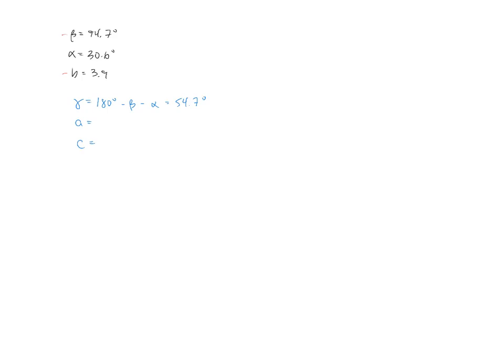So let's see, sine of beta over b and sine of alpha over a can be used, and by plugging stuff in, this will allow us to find a. So sine of 94.7 degrees over 3.9 equals sine of 30.6 degrees over a.